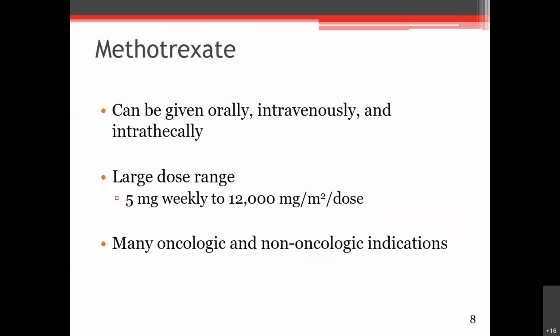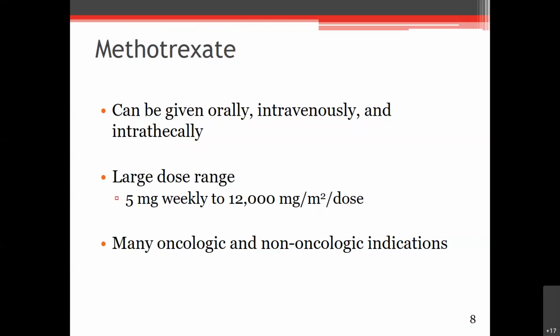So methotrexate is unique in that it can be given orally, intravenously, as well as intrathecally. As you know, there are quite a few oncologic as well as non-oncologic indications, and we do see an extremely wide dose range for this medication.